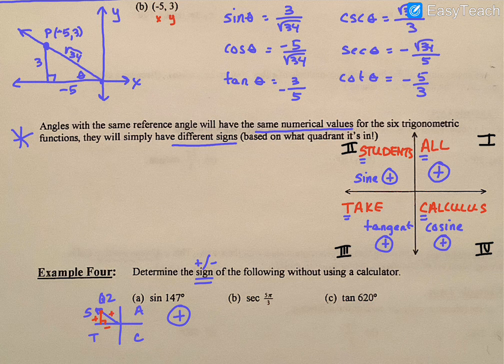So if we think about our basic SOHCAHTOA, sine is opposite over hypotenuse. Based on that angle at the origin, opposite would be positive, hypotenuse would be positive, and a positive divided by a positive is a positive. That's the behind the scenes of how it all works, but All Students Take Calculus will help you pretty quickly.